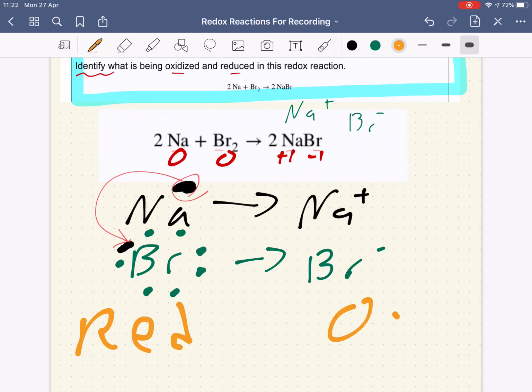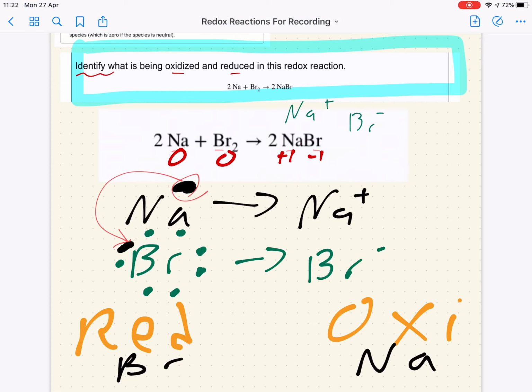So let's assign some labels over here. Reduction, oxidation. Who's going to go into these? Sodium is losing electrons. Oxidation is loss. Bromine is gaining an electron. Reduction is gain. Get it?